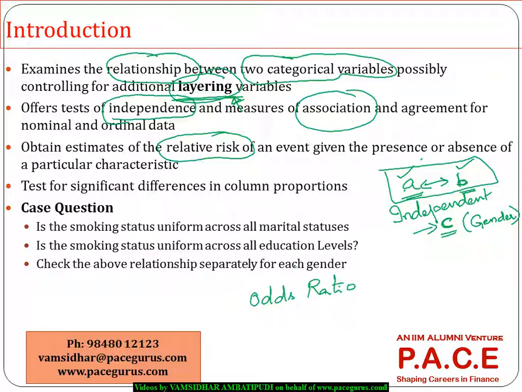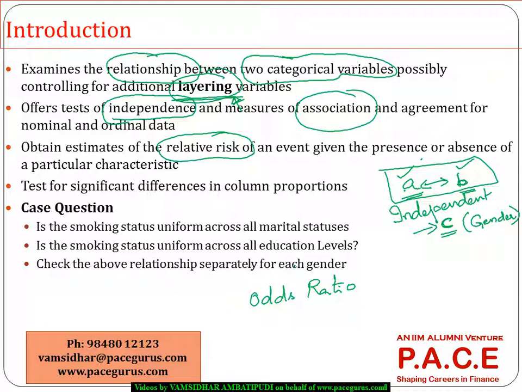What is the chance that event X occurs as a proportion of event Y? That is what we typically call relative risk. I'll take up an example in the next session, and we can make some conclusions on that. All these various things can very well be performed using the crosstab analysis in SPSS.